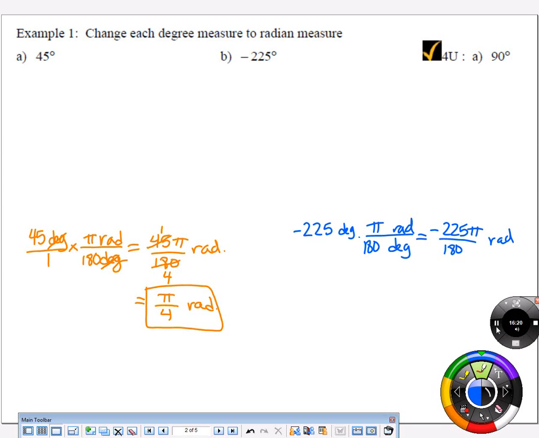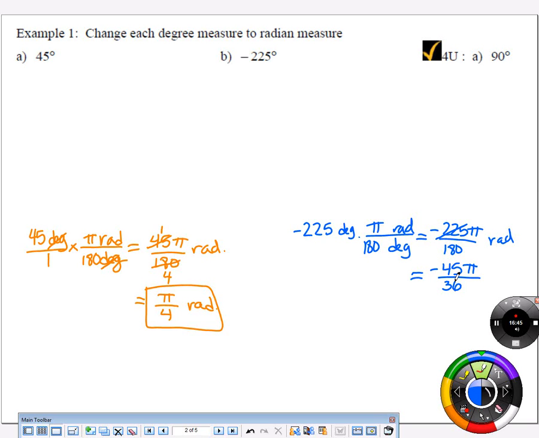So if you set up the conversion factor, you should have gotten negative 225 pi over 180, and then that can reduce. If I'm not sure what it reduces by, I could at least start with 5. So 5 goes into 225 45 times, and 5 goes into 180 36 times.